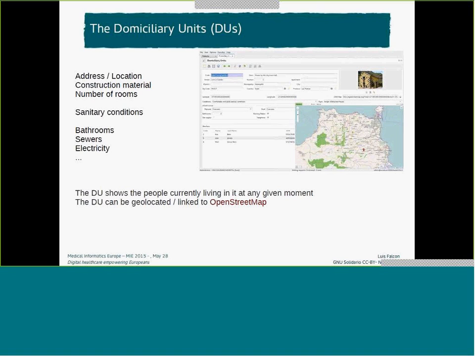In the project, we actually geo-reference that specific dwelling, and the components and attributes are things such as the type of construction material, the number of rooms, whether they have electricity or not, and sanitary conditions.